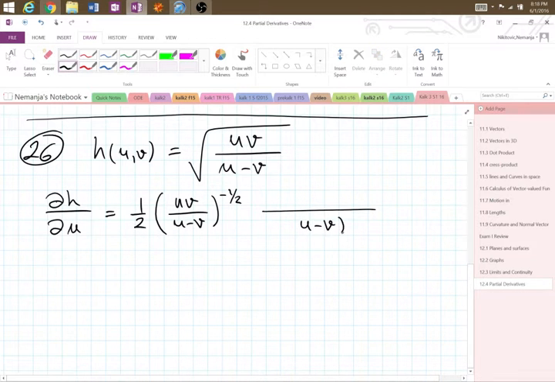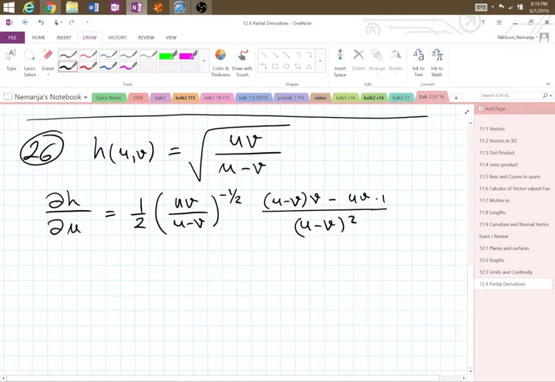u minus v squared in the denominator, u minus v in the numerator times the derivative, so that's just v, minus uv times 1. Perfect.